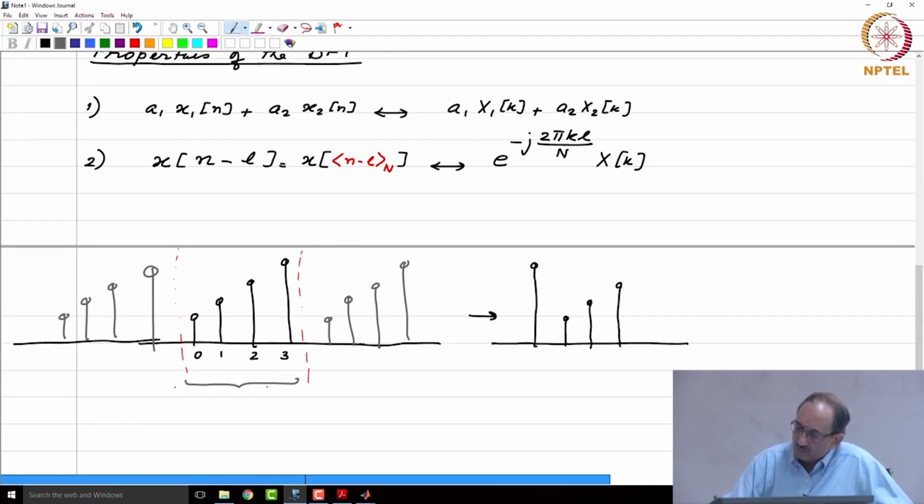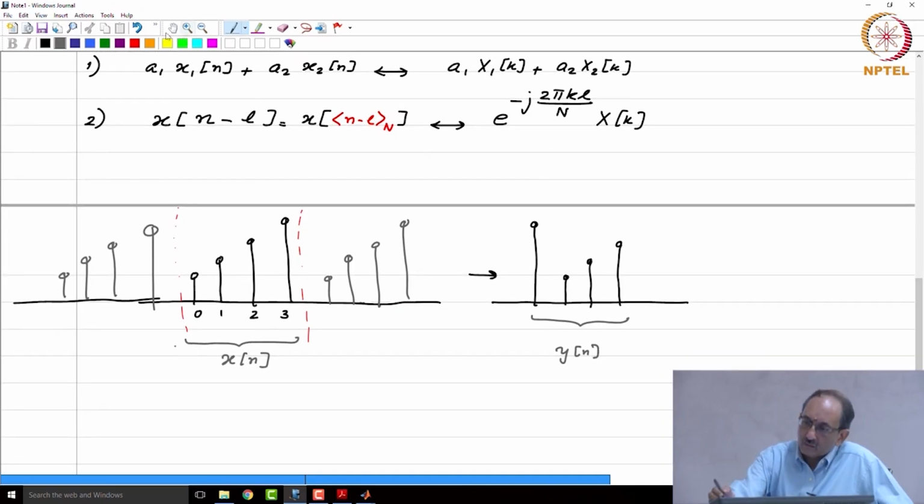If you call this x of n, and if you call this y of n, there is no connection between X of e to the j omega and Y of e to the j omega. However, the DTFTs are related like this.